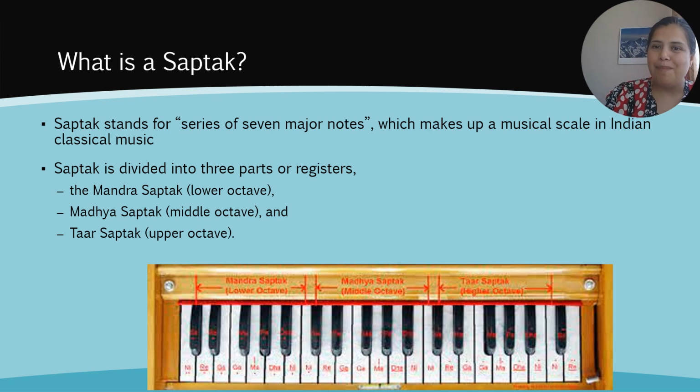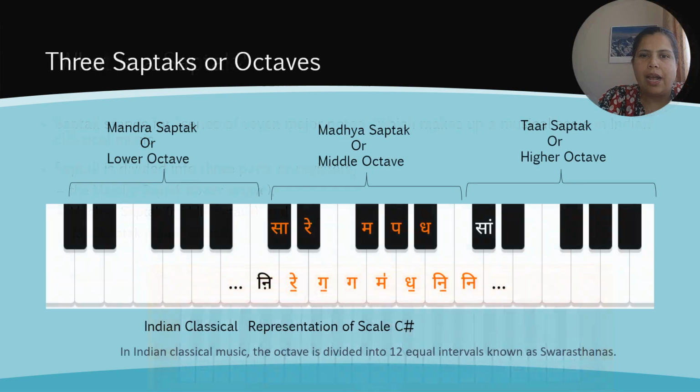So there are three main octaves or saptak, and they are Mandar Saptak, Madhya Saptak, and Tar Saptak. That's how we have to see this. Let me go to the next slide where I can try to make it more explicit.